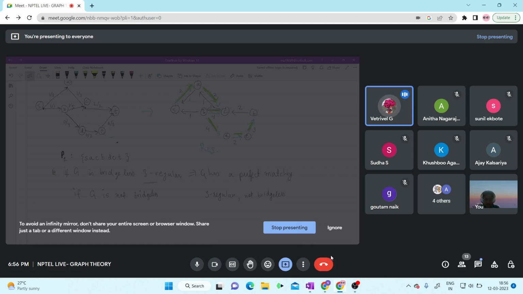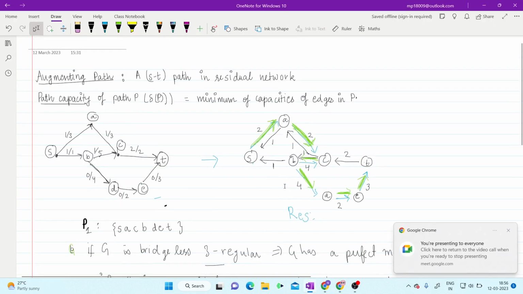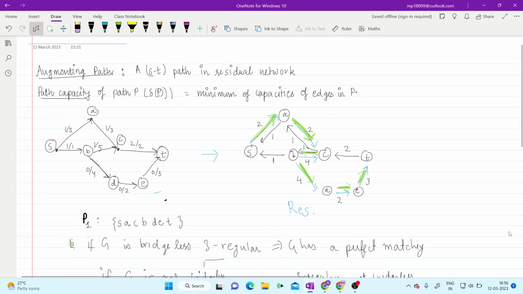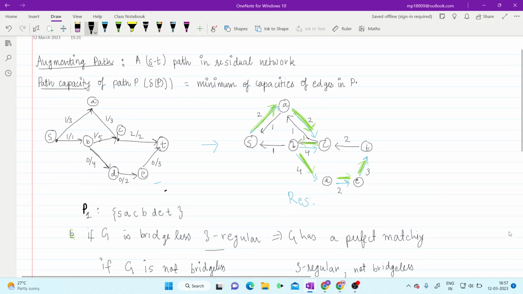Ma'am, you didn't explain the path capacity. Oh, yes. So path capacity is basically this.